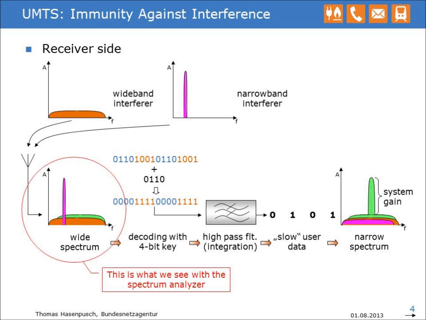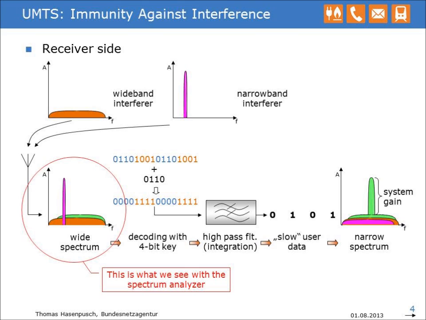The narrowband interferer will result in the 20 bits here all being 1 or all being 0, depending on which end the decoder is affected. If we have 20 ones or 20 zeros and we do this operation, we again get fast changing data as a result.